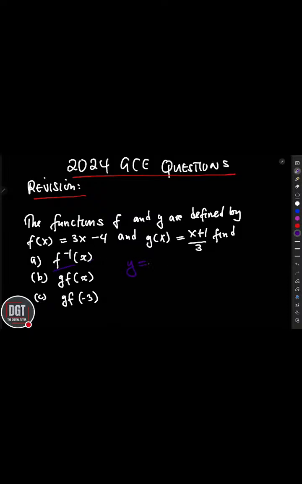So we are finding f inverse. We say y equals 3x minus 4. Here we make x the subject, so we shift the 4 to the other side. 3x equals y plus 4. Divide by 3, divide by 3. x is therefore y plus 4 divided by 3.